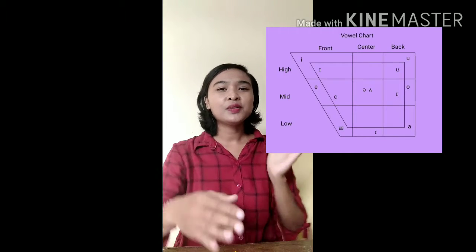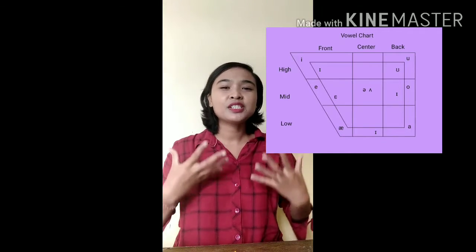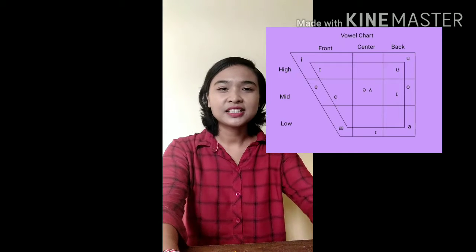So the system describes vowels thus: in terms of four characteristics, there are 1, tongue placement, 2, tongue height, 3, lip rounding, and 4, tenseness. Okay, here is the vowel chart for when we produce vowel sounds.